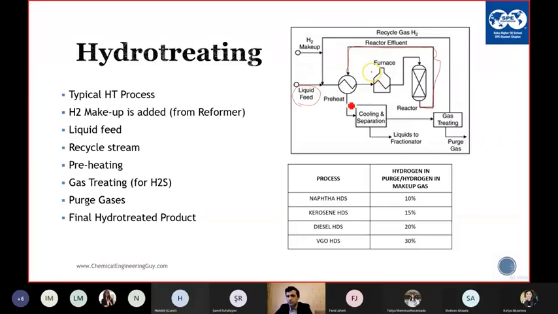Then the reactor products are cooled further and separated. You always have a separation and purification section after reaction. Then you separate the gases and the liquids. Some of the hydrogen gas is recycled back to the system, and some is purged.